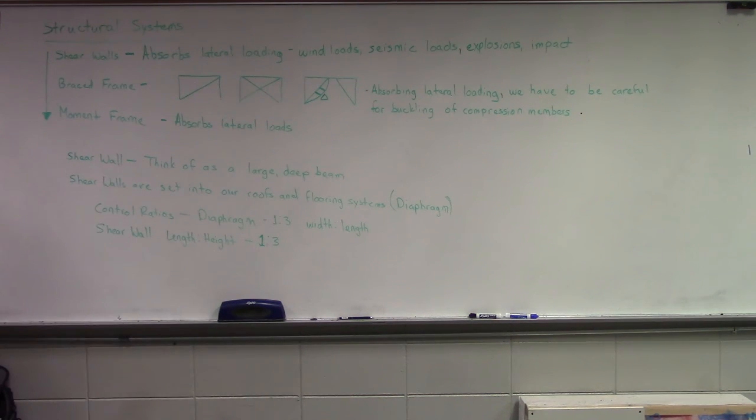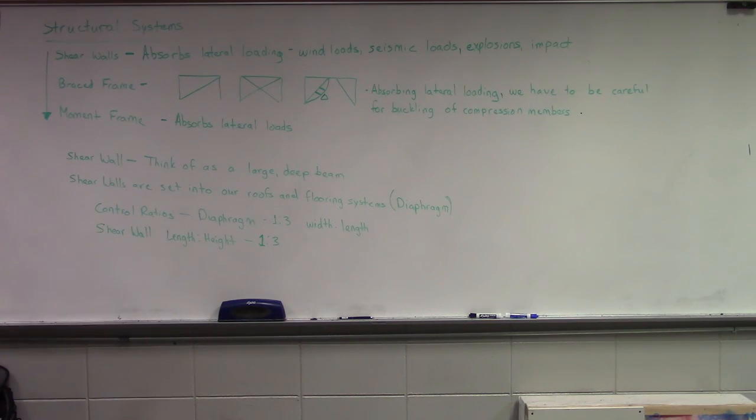Okay. If we start exceeding this for our shear walls, then we maybe want to move to a little less stiff system. And we want to maybe start looking at doing some sort of bracing, or maybe switching to a moment frame. Okay.